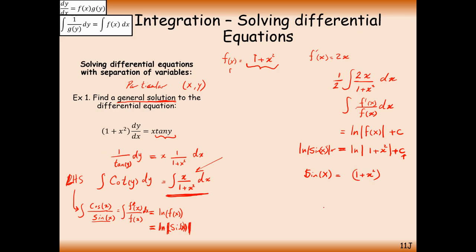But don't forget, when you have e raised to the power of two functions, let's say x plus c here, that e to the power of c is multiplied by e to the power of x, right? So some students find this concept rather challenging to understand. Because we have plus c here, that plus c is the same as this plus c here.